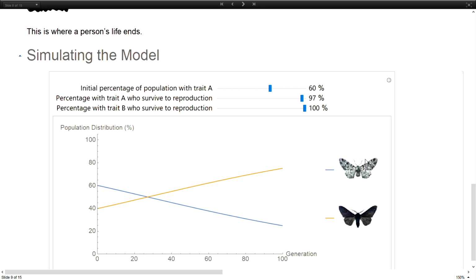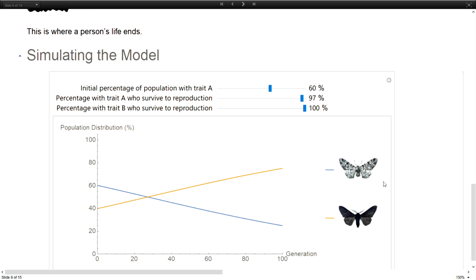Now, in pre-industrial England, a lot of the moths looked like this. They were white with some black spots. The reason they looked like this was that it allowed them to hide on the lichen-covered tree trunks. They were camouflaged against the environment, and predatory birds, for example, had a hard time spotting them.